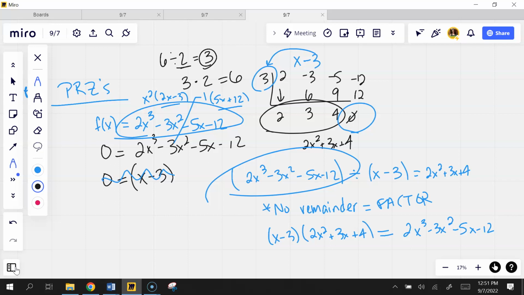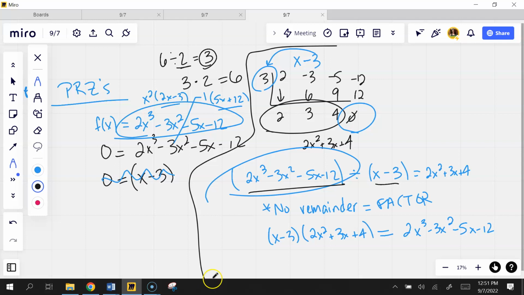Does everyone in here understand that if I divide by something and I get no remainder, that's what it means to be a factor? And two factors multiply together to give you what you started with. I'm fixing to show you. Do you understand that what I did up here is I took this polynomial divided by x minus 3 and got 2x squared plus 3x plus 4?